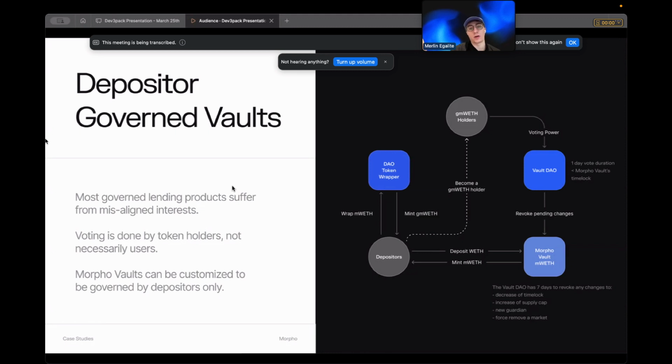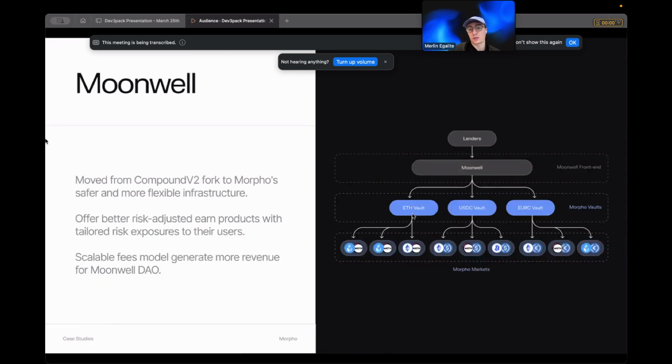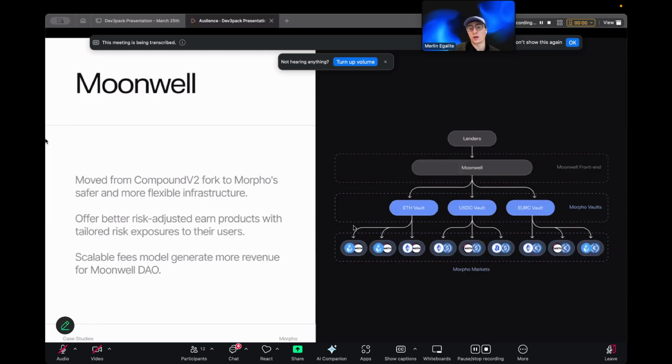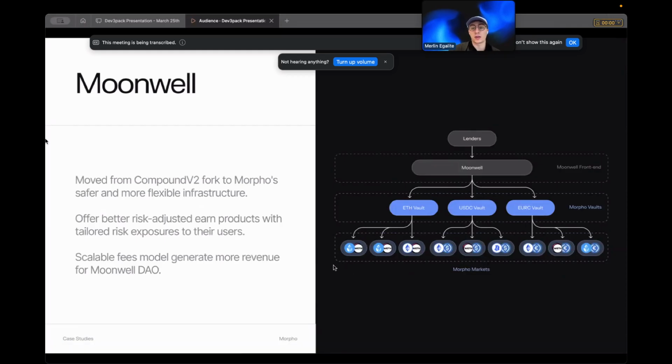Let's say you are depositing into only those two markets, but you want to whitelist a new market. Then the curator needs to submit that to the vault, and then after a given time lock, the market can be accepted to the vault.